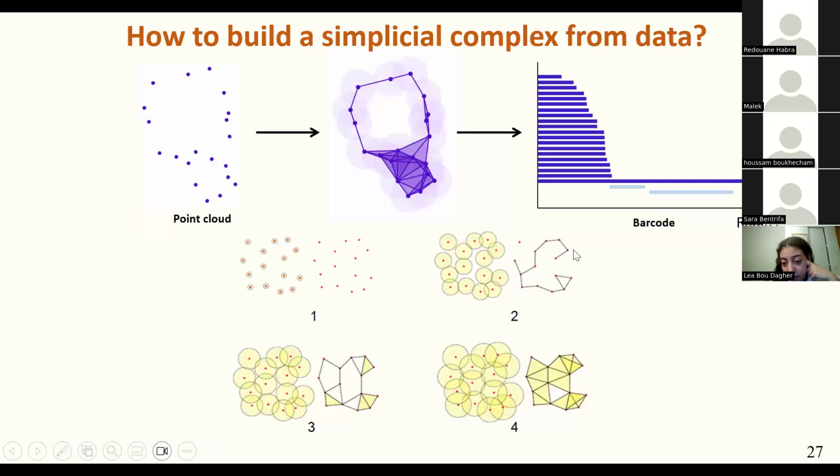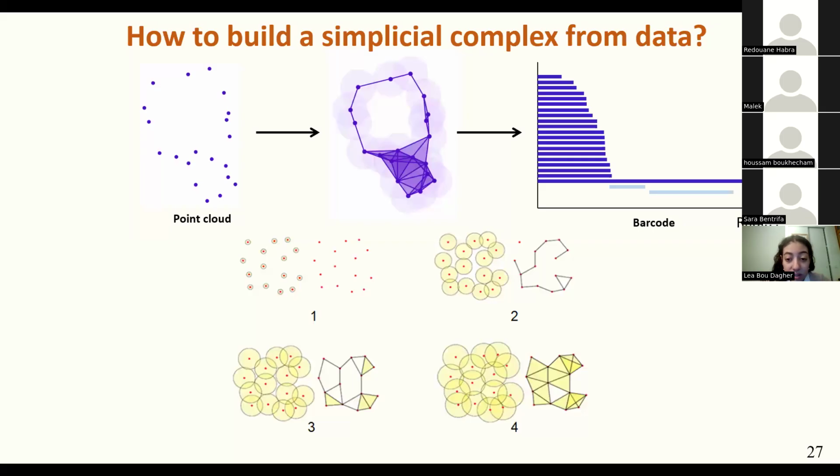Here also we have an intersection. We add the edge between them. If we have an intersection between three balls, we add the triangle. For example, here we have the intersection between three balls. We add the triangle like here. If we have an intersection between four balls, we add a tetrahedron, and so on in other dimensions. By making the radius grow, each time we have an intersection, we add a simplex.